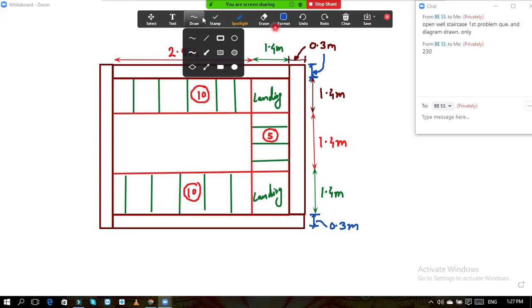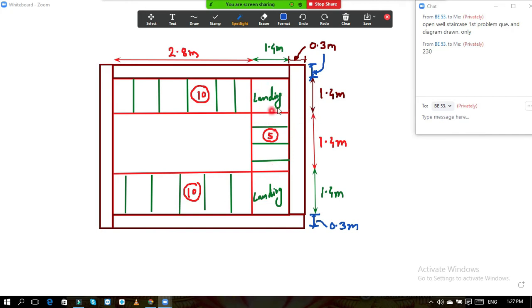Now based on this we will find out the effective length. Here there is no need to finalize the riser and thread, because the number of steps is already given to you. They have already told you there are 10 threads in this flight, 10 threads in this above flight, and here there are 5 threads.